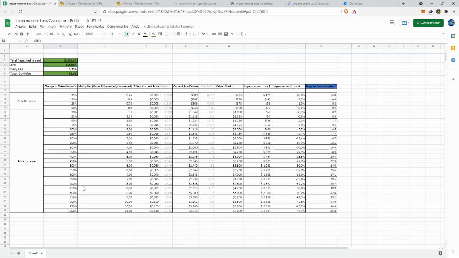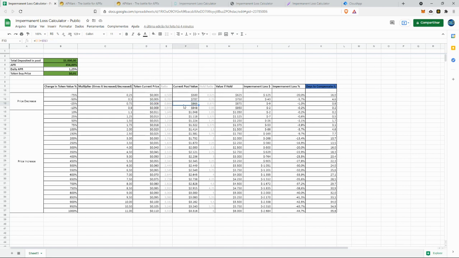Never forget about that. So let's imagine that your token is not gaining value, but it is losing value. Just for the sake of it, I'm going to use this ratio here as an example, where the token price devalues by about 25%. So that's a ratio of 0.75. This is rounded off, so the real number is actually 0.0075.